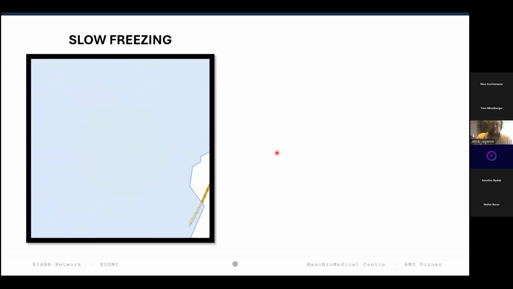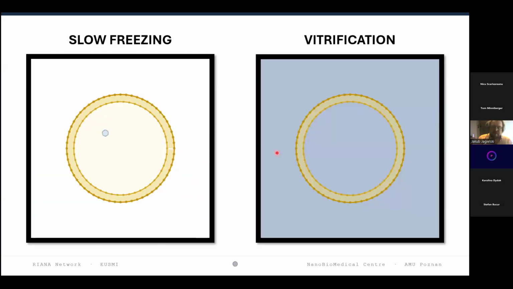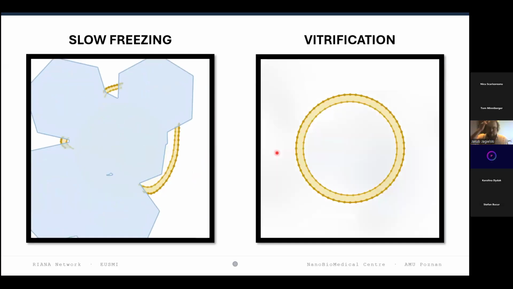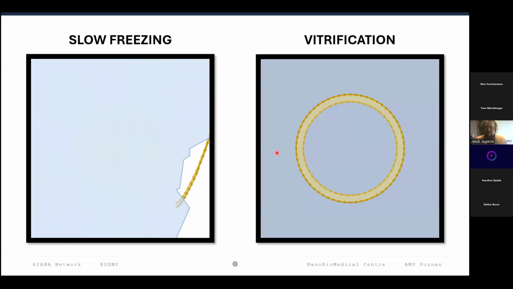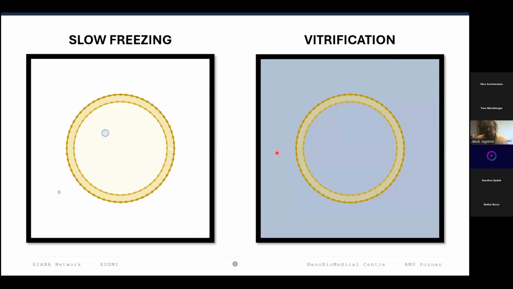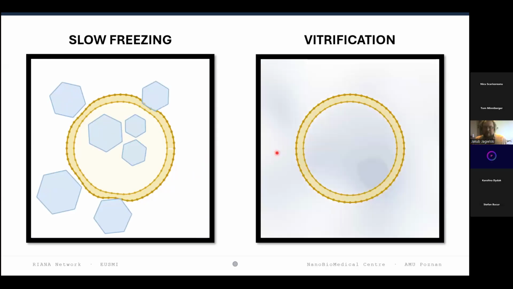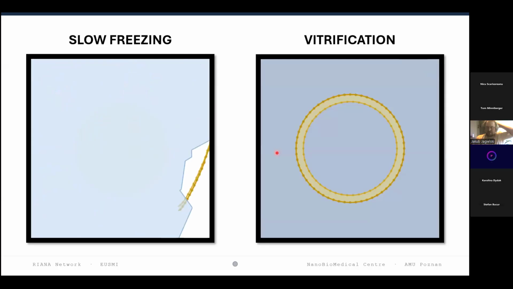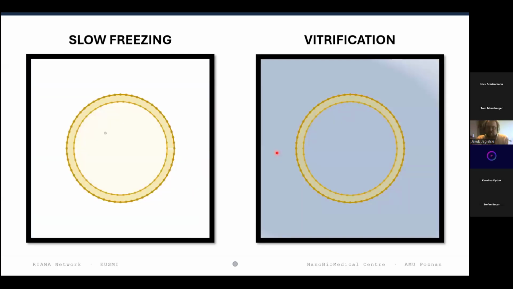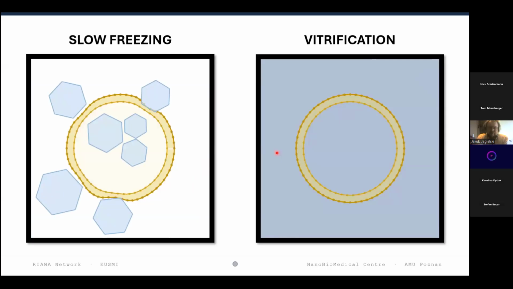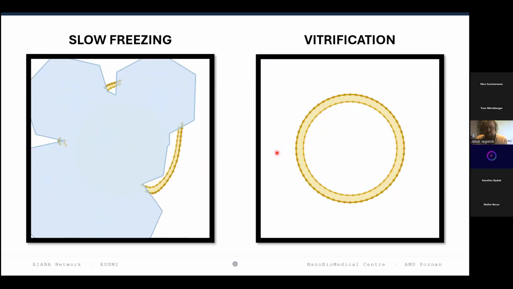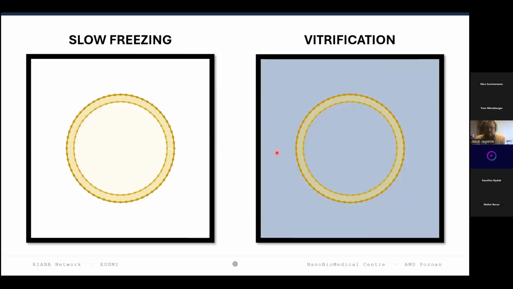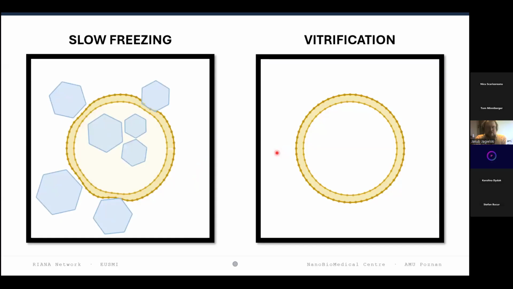Therefore, we use a process called vitrification, so rapid cooling. Thanks to it, we get rid of all ice crystallization and we trap the aqueous phase in an amorphous glassy state that preserves the in-solution structure. This is accomplished by simply plunge freezing the specimen grid into liquid ethane, at approximately minus 180 degrees Celsius.